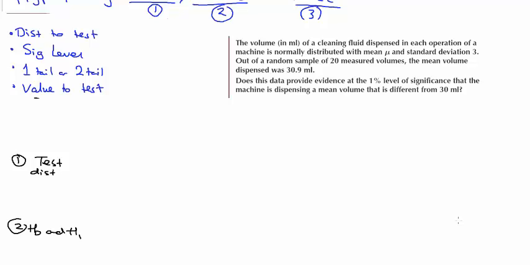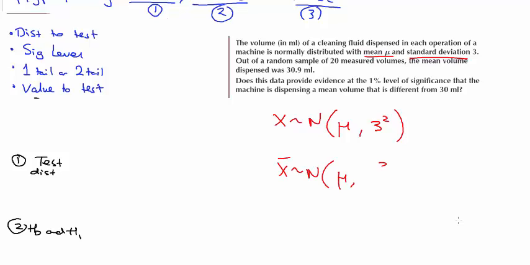It goes: there's a machine which has a mean mu and a standard deviation 3. So that's kind of useless in a way. They're saying the background distribution is that, which is pretty unhelpful to us because we need a value for it. So it goes on to a random sample of 20. That sample is all you need, because that's the distribution you're going to be testing.